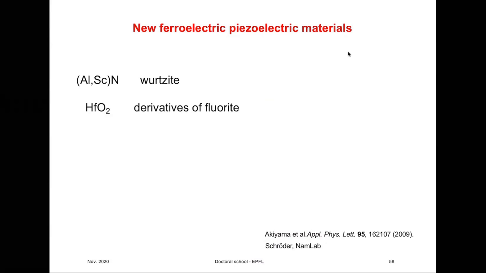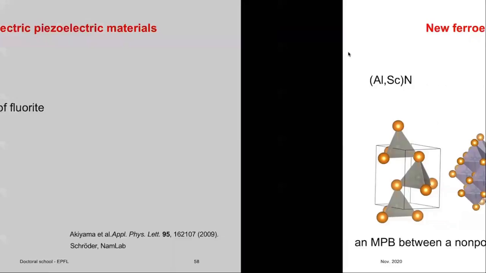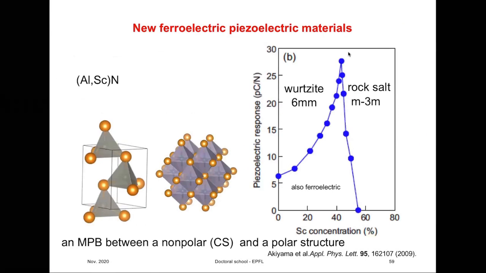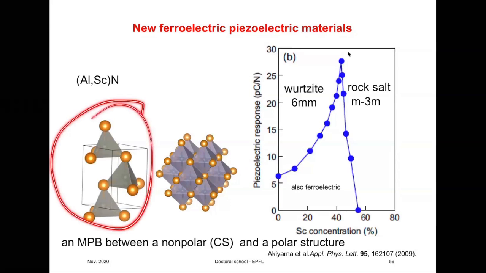Now, I will spend some time talking about aluminum scandium nitride. Aluminum nitride has a wurtzite structure, 6mm, and until relatively recently, it has only been used in its pure form. It cannot be made easily in the form of single crystals. As a ceramic, it would be useless as a piezoelectric material.